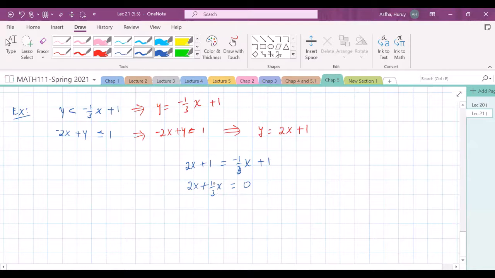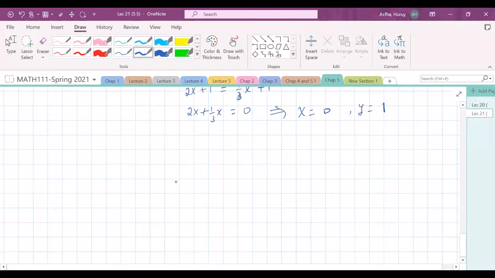So we have 0. So basically here x is 0. Okay. And then if we substitute this in here, we get y equals 1. Therefore, the intersection point of these two equations is (0, 1). Okay, the two lines meet, or intersect, at this point.